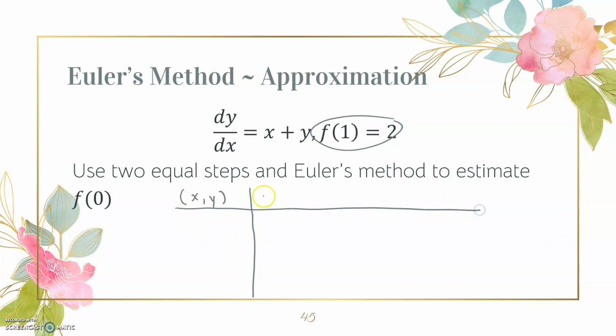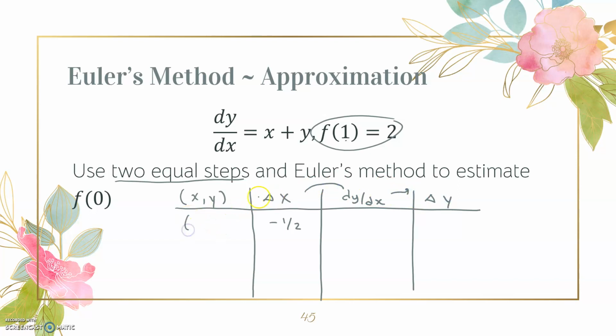We have delta x, which won't ever change. Because we're using 2 equal steps going from 1 to 0, delta x is going to be negative 1/2. And then we have dy/dx, which we can get from our differential equation, and we multiply these two things together to get delta y.